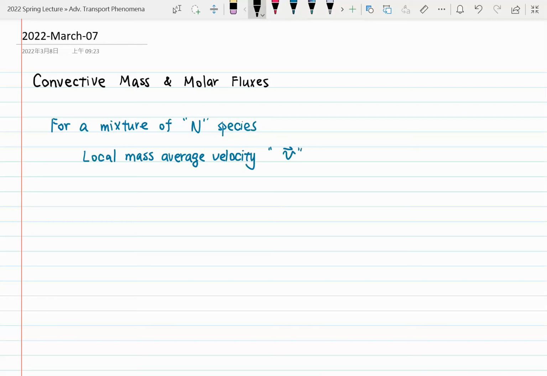The definition of the local mass average velocity is basically summing up each component, weighted by its mass fraction. So the definition would be the density of each component times its velocity, summed over i equals 1 to n, weighted by density.